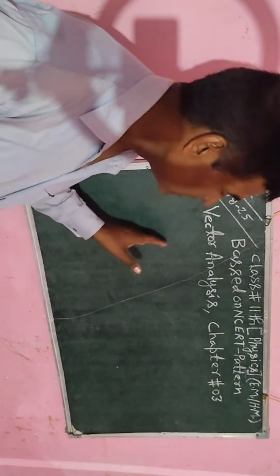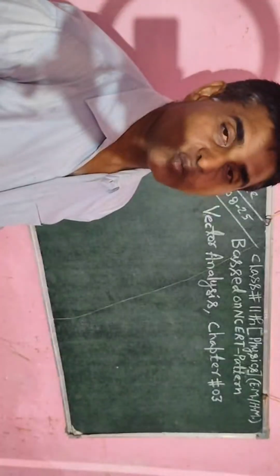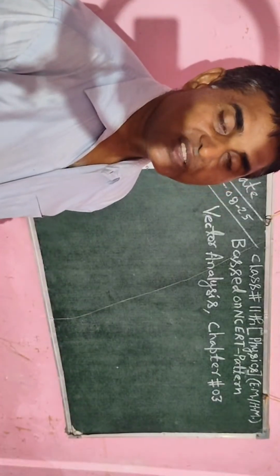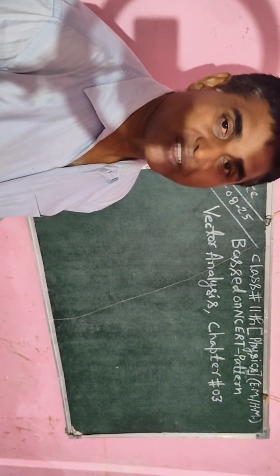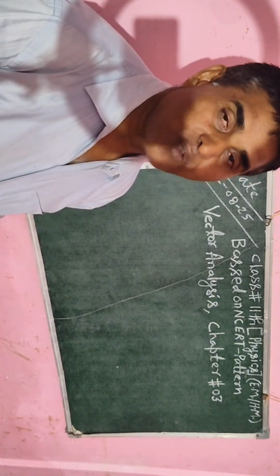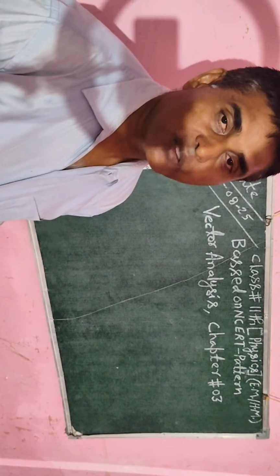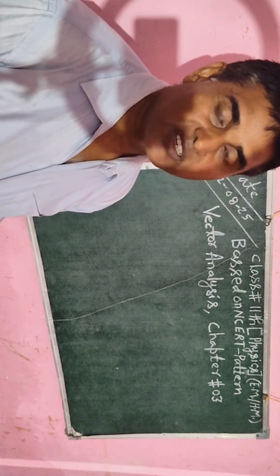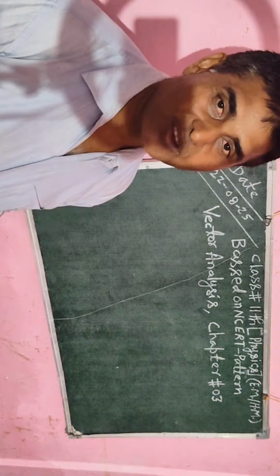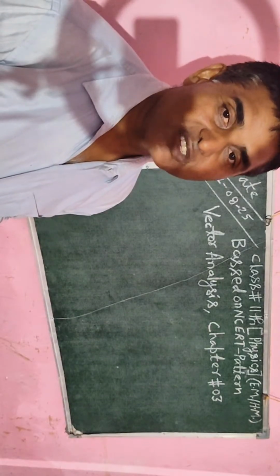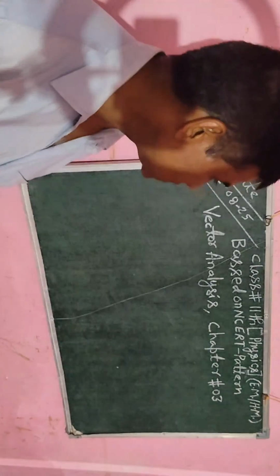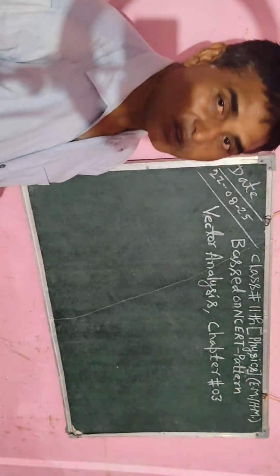Now there will be two vectors and we have to find the angle between these two vectors. That has some conditions and properties, which I will explain, and then I will solve one numerical on this topic, that is, find the angle between two given vectors.